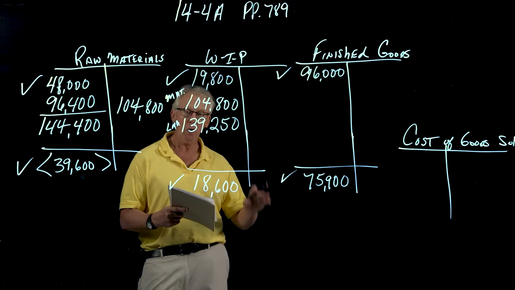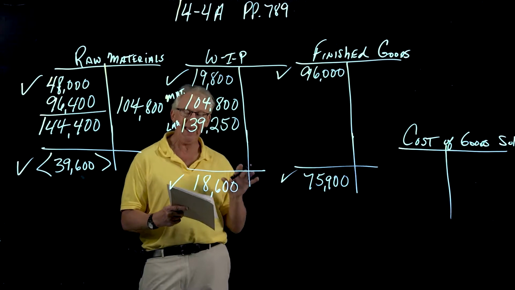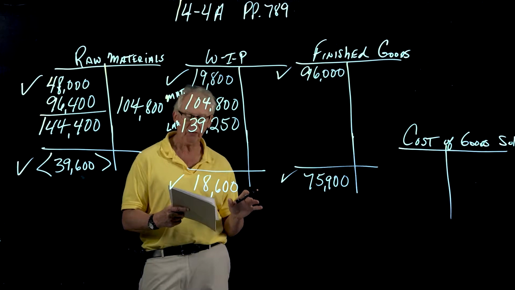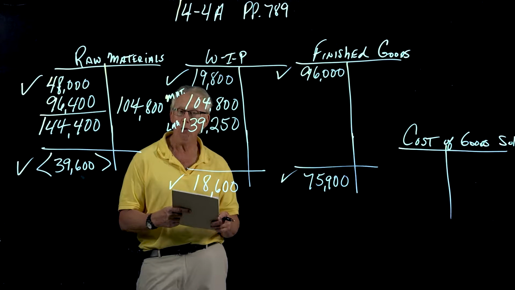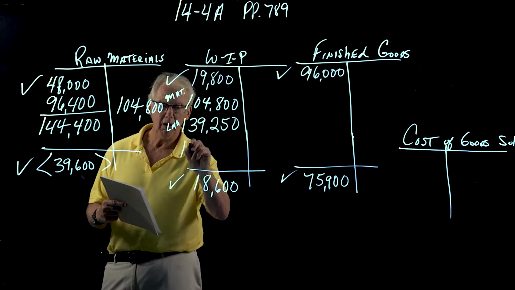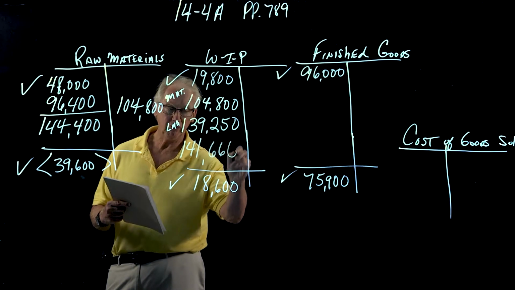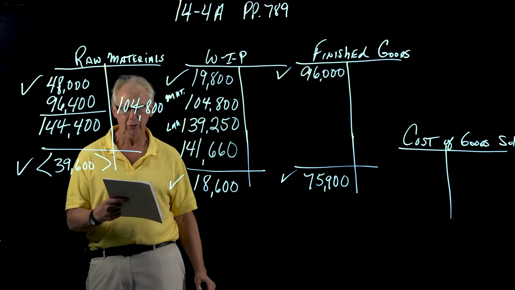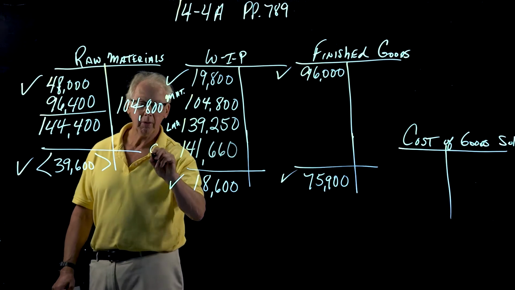Okay, so list those costs all out and add those costs up, and you should get a total manufacturing overhead cost of $141,660. That should be your total overhead.